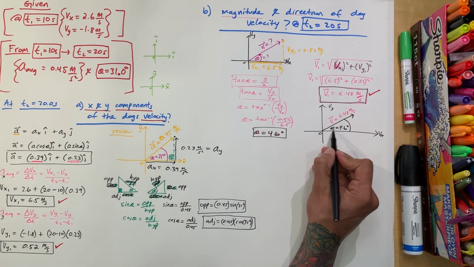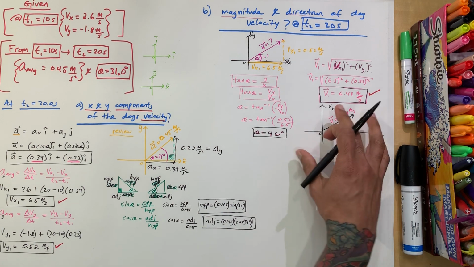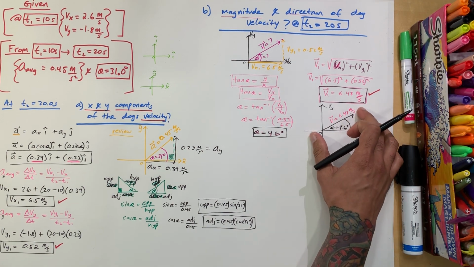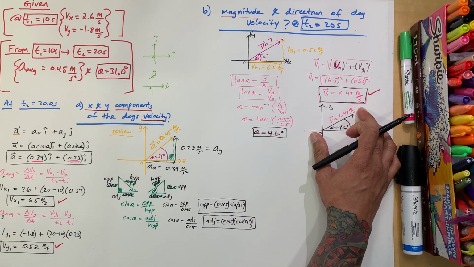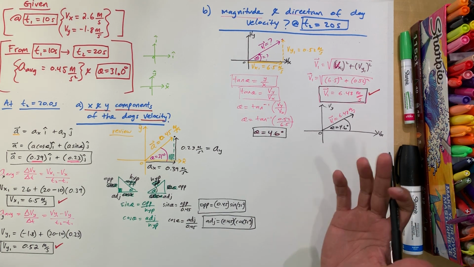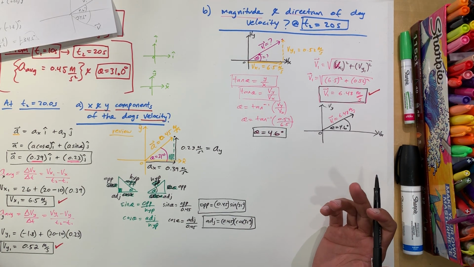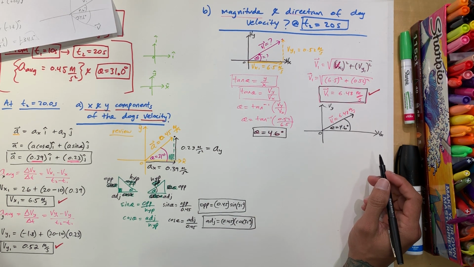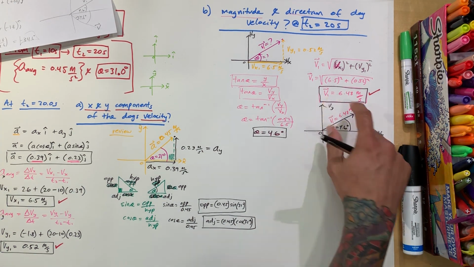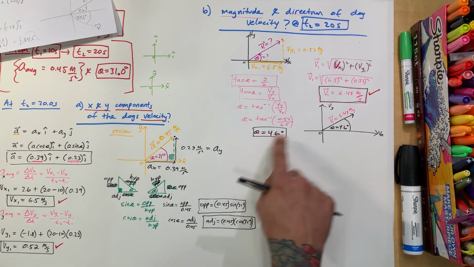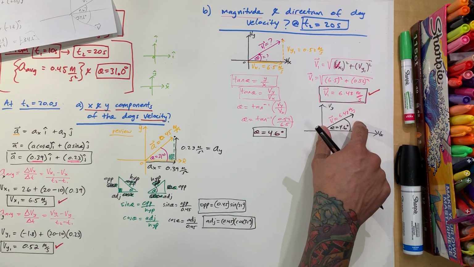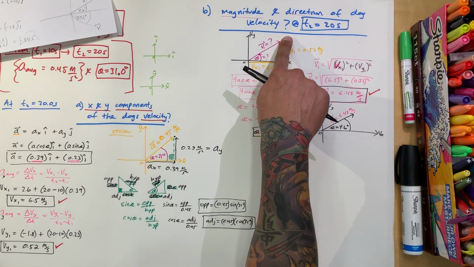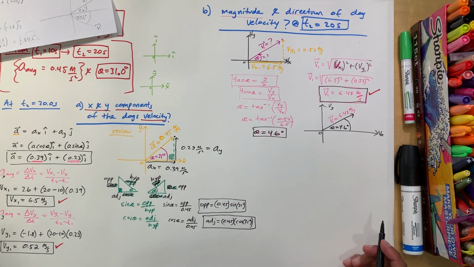This graph directly represents the new graph of the dog's speed at the different time interval. So we have the magnitude and the angle he's going at, and we could describe it individually with the X and Y.